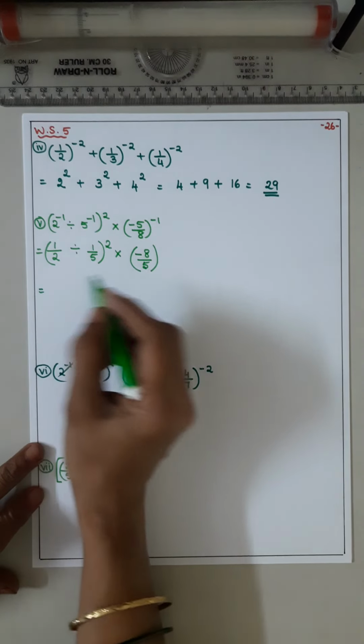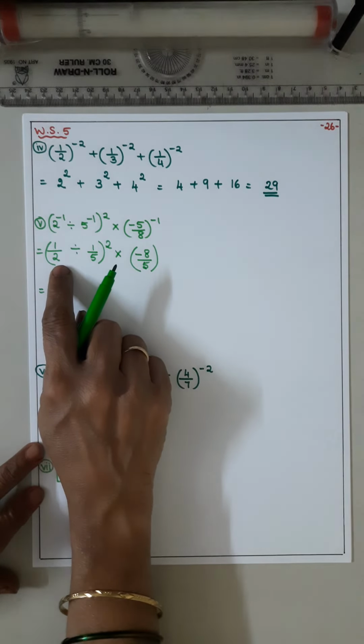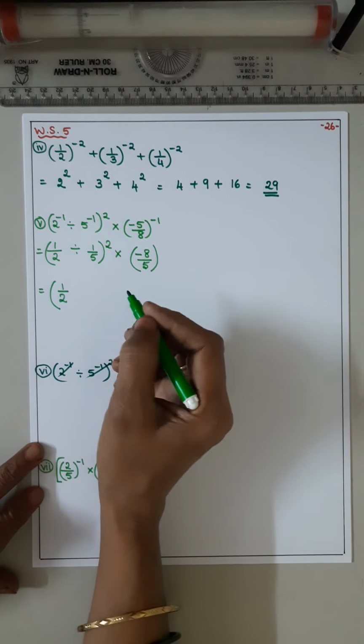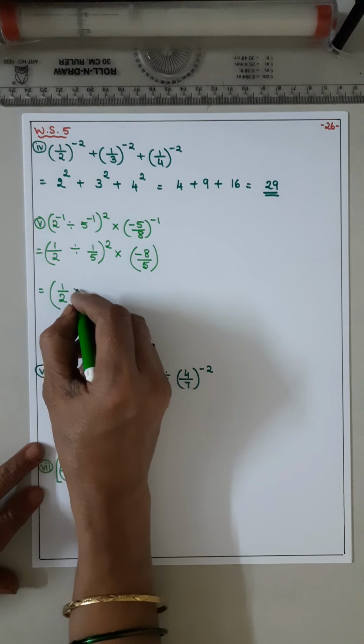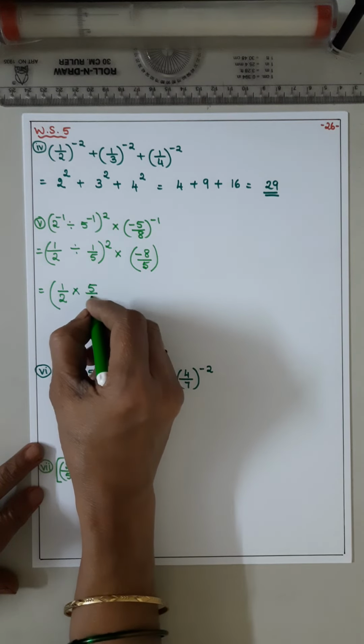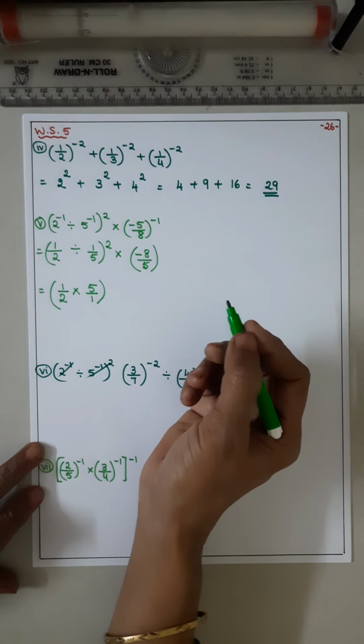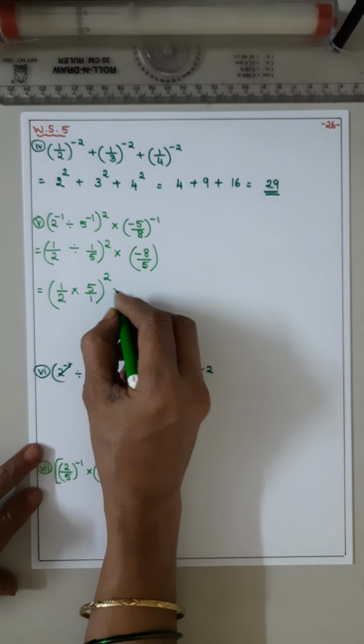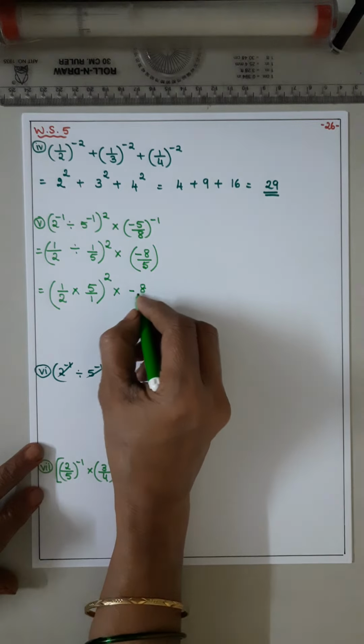Okay, next step is 1 by 2 divided by. So fraction का division में क्या करते हैं हम? Multiplying the reciprocal. Isn't it? 1 by 5 becomes 5 by 1. जो पावर है वही डालो into minus 8 by 5.